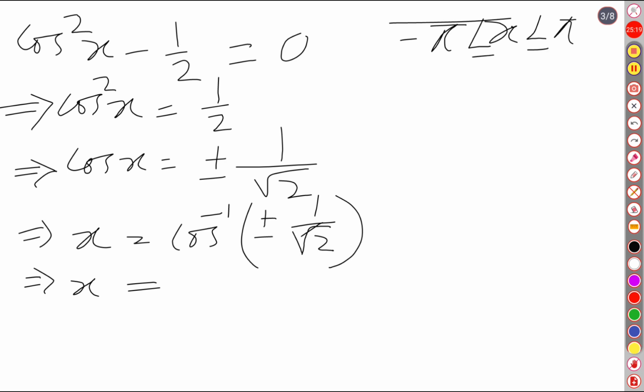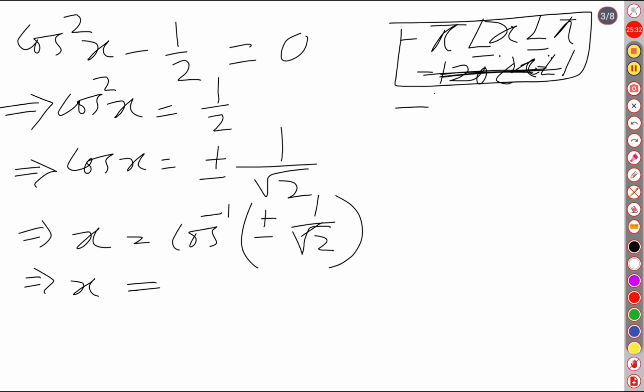That means from negative 180 degree to positive 180 degree.